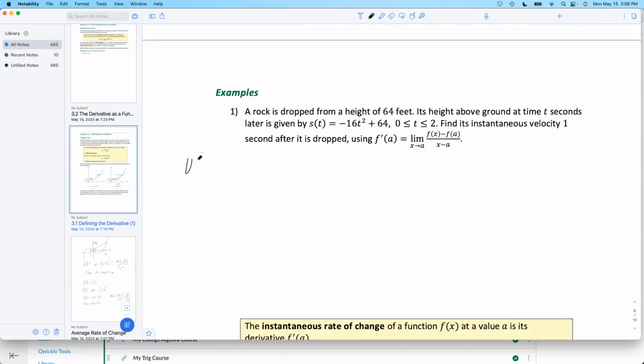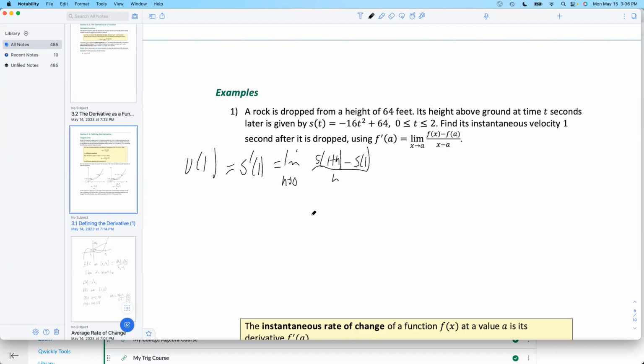So V at 1 is by definition the derivative of position, S prime at 1, which is the limit as h approaches 0 of S of 1 plus h minus S at 1 divided by h.